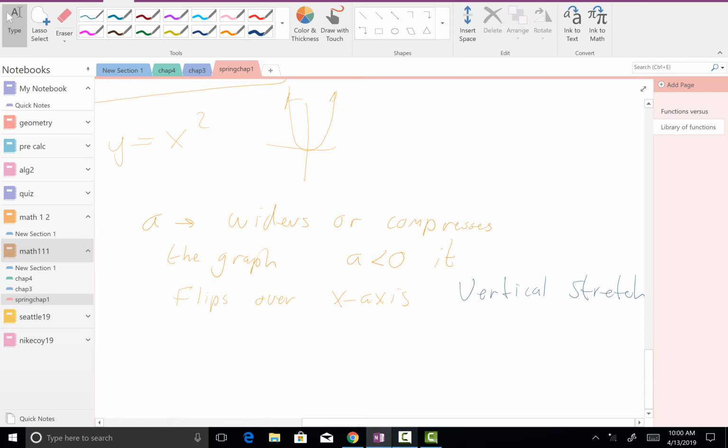When did it compress it? Do you know what A values did that?